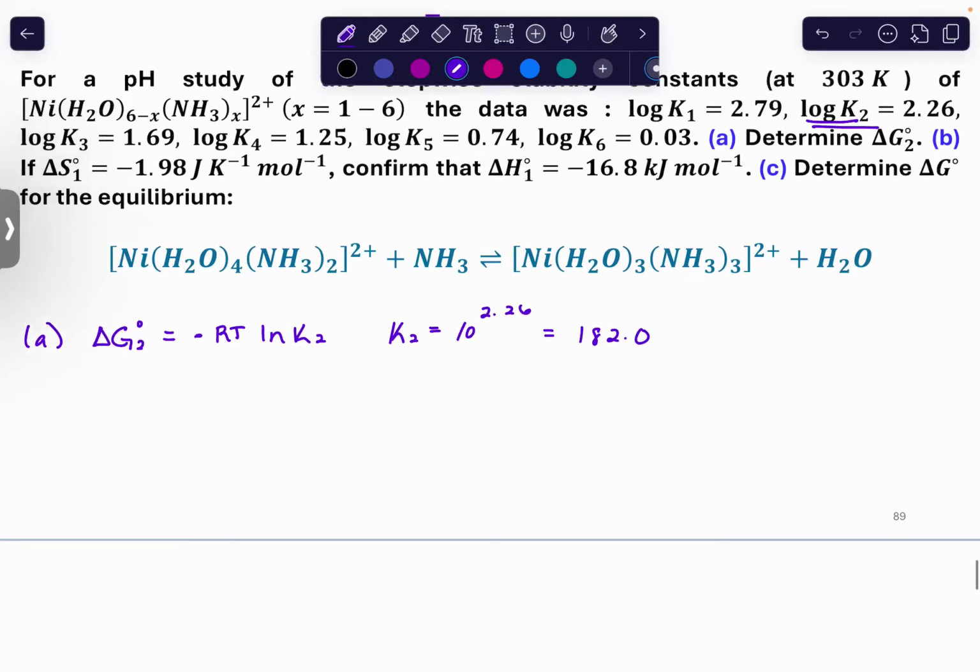Okay, your R, we're dealing with energy, so this is 8.314 joules per kelvin per mole, or 8.314 times 10 to the negative third. What did I change the units to by doing that? Kilojoules.